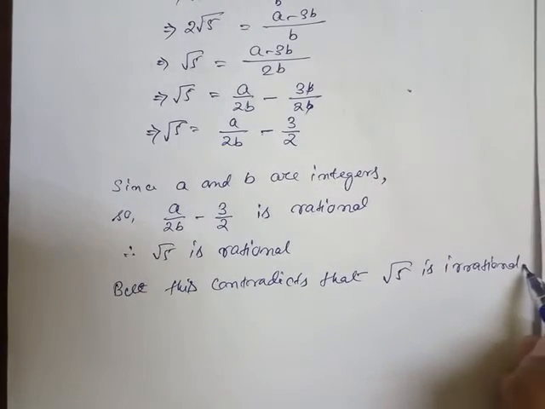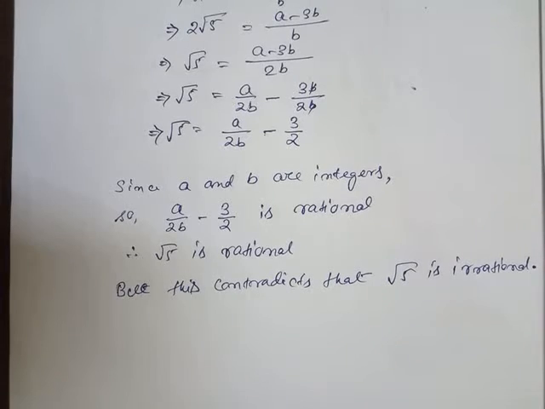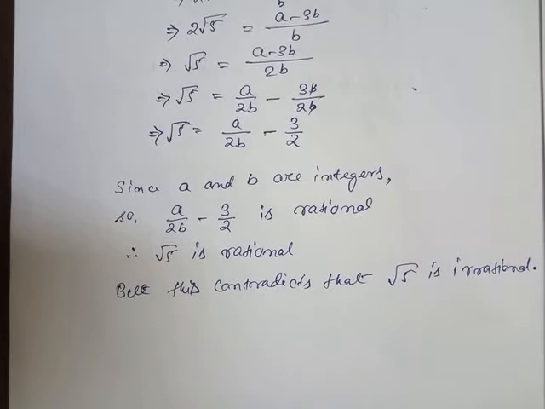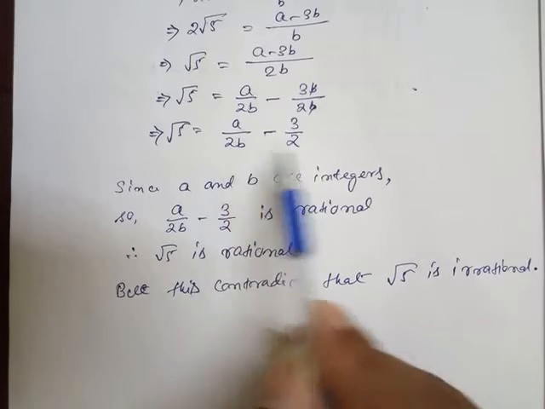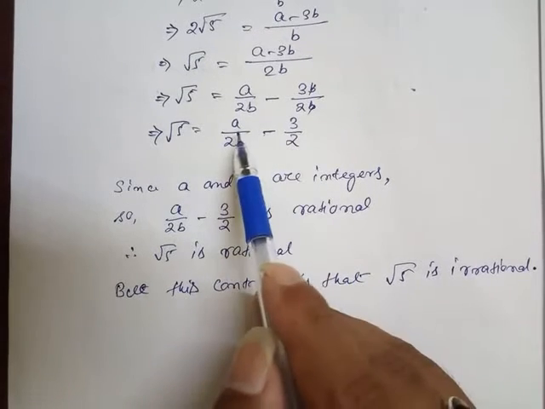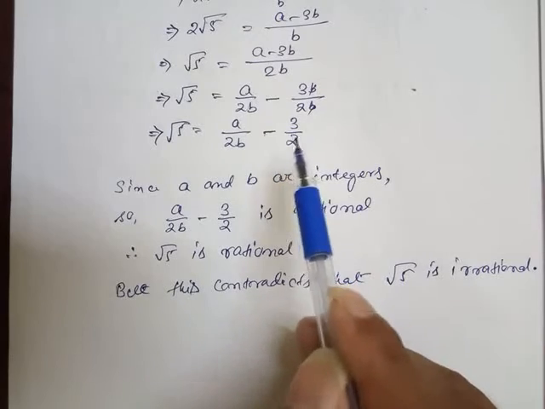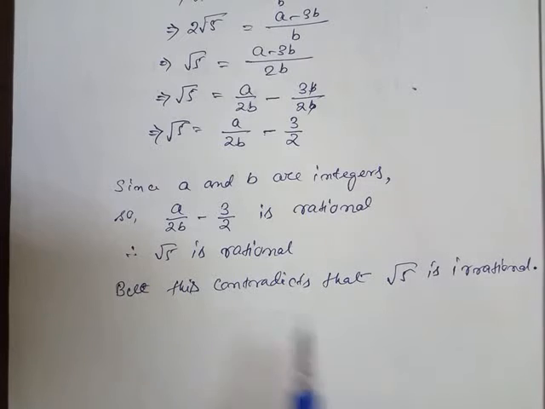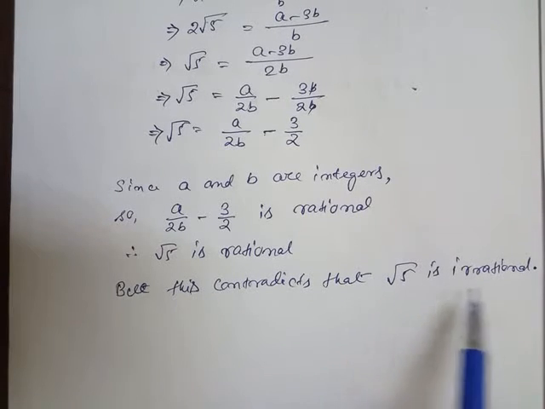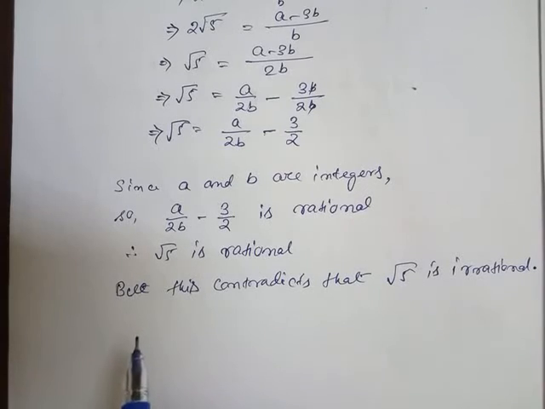In my last video I proved that root 5 is irrational, and here also, by the method of contradiction, initially we took that 3 plus 2 root 5 is rational, and A and B are co-prime integers and B is not equal to 0. After that we proved that A by 2B is rational, 3 by 2 is also rational, which means A by 2B minus 3 by 2 is also rational. If this part is rational, which means root 5 is also rational, but this contradicts the fact that root 5 is irrational, and this contradiction has arisen because of our incorrect assumption.